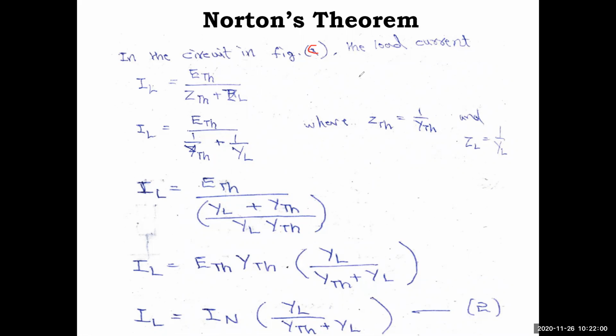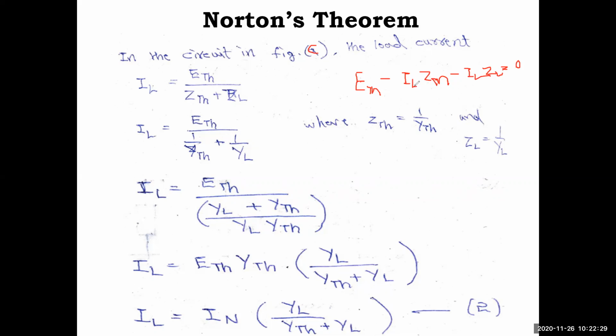When you apply KVL there, you get ETH minus IL, the current in that branch, into ZTH, then minus IL into ZL, the load, equal to 0. Or else you will get another equation, minus ETH plus IL ZTH plus IL ZL equal to 0. Both are the same.